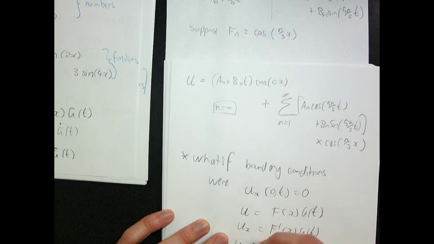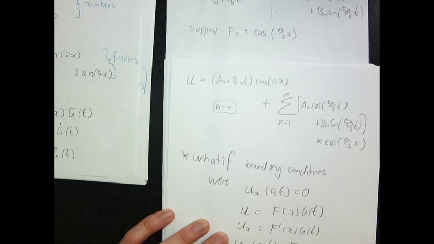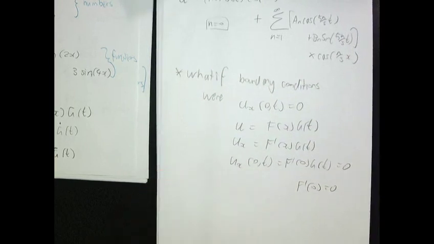So ux of 0, t will be f dashed of 0, g of t, which is 0, which means f dashed of 0 is 0.